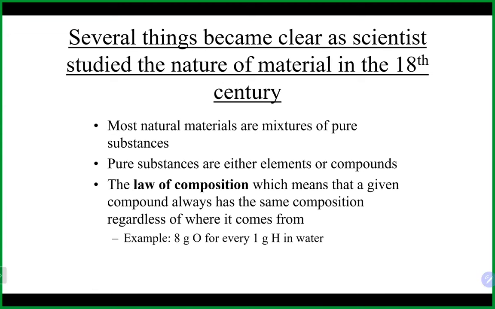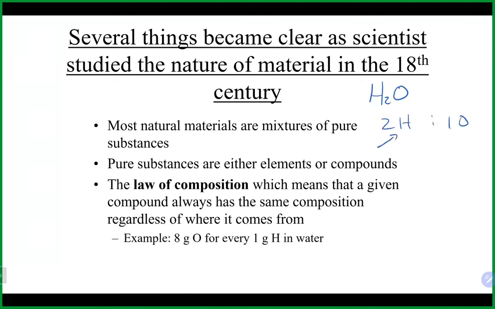And there's this idea of the law of composition, which basically means that regardless of where a compound comes from, it will always have the same mass of elements to each other. So for example, no matter where you would pick up water, there's definitely 2 hydrogens and 1 oxygen involved.